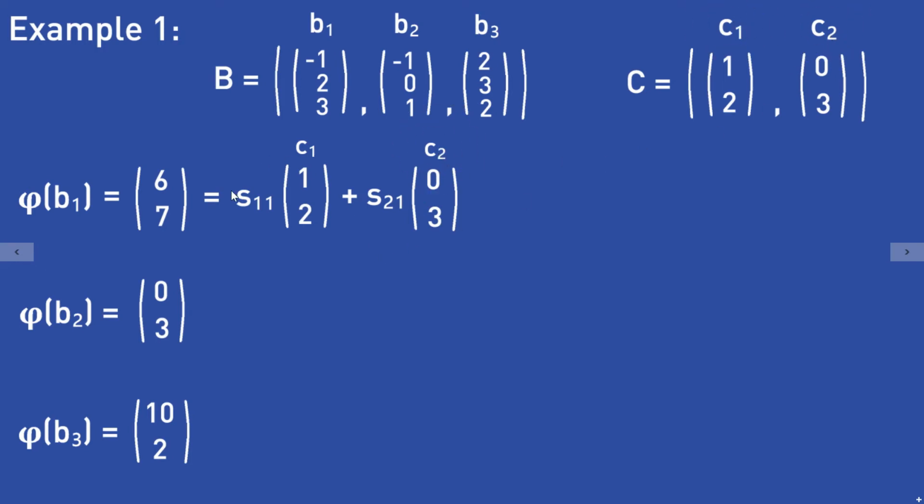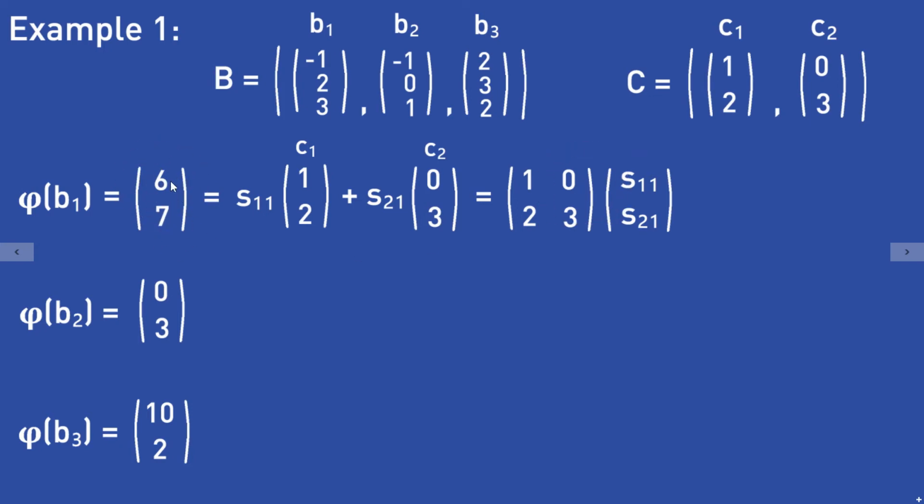You want to find these two coefficients S11 and S21. You can rewrite this here by using a matrix and get that here. Now you want to solve this linear equation system here.